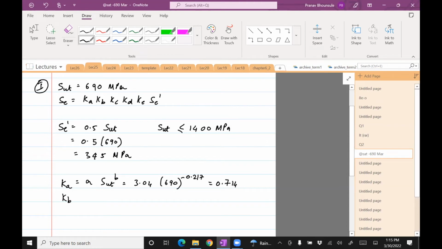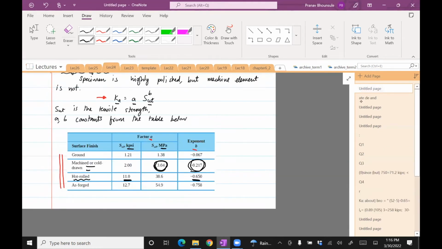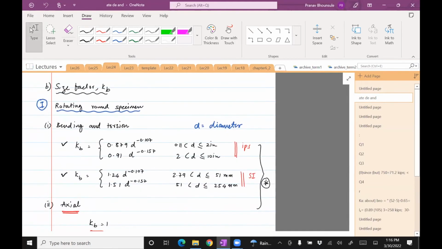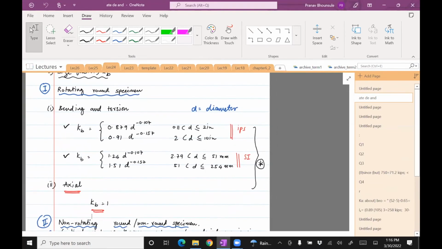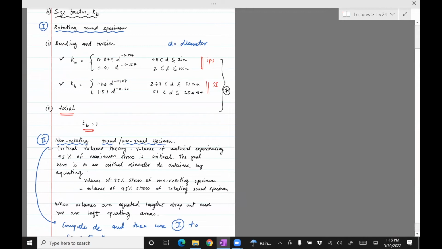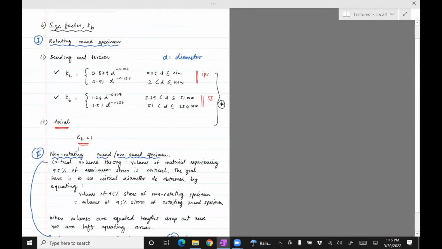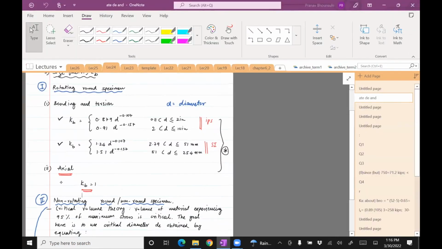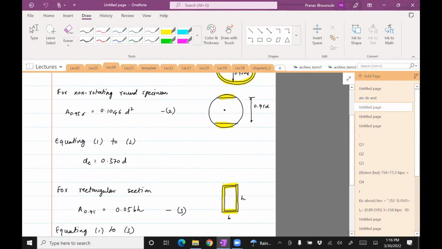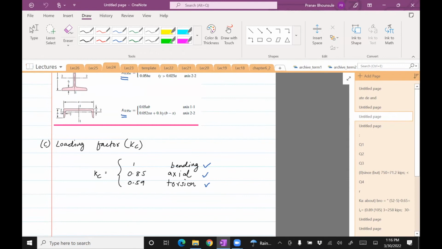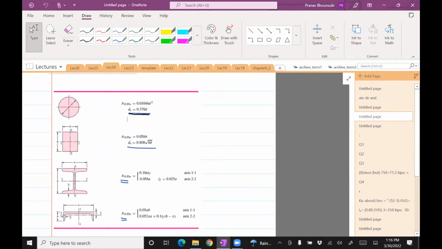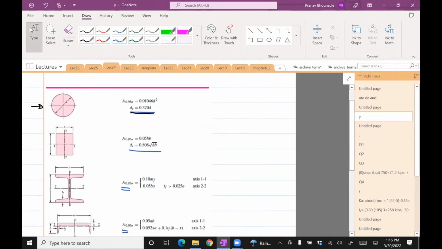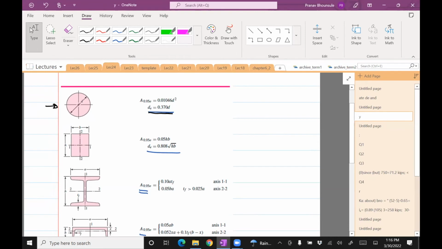Okay, Kb. It's a size factor. There are two cases: one for rotating and one for non-rotating. And I remember it was non-rotating. For non-rotating, there is a table in the next page. So this is a non-rotating specimen, and we need to use the adjusted diameter d_e, which is 0.370 d.